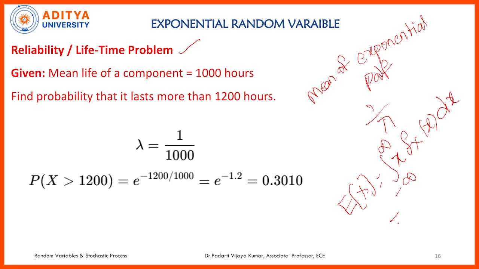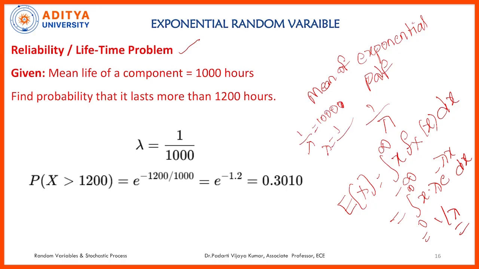Using this relation with x into lambda e power minus lambda x, and the range from 0 to infinity, doing this integration we get the mean value as 1 by lambda. Every time the mean is given to us, we need to assume the mean 1 by lambda is equal to 1000. That means lambda is equal to 1 by 1000.